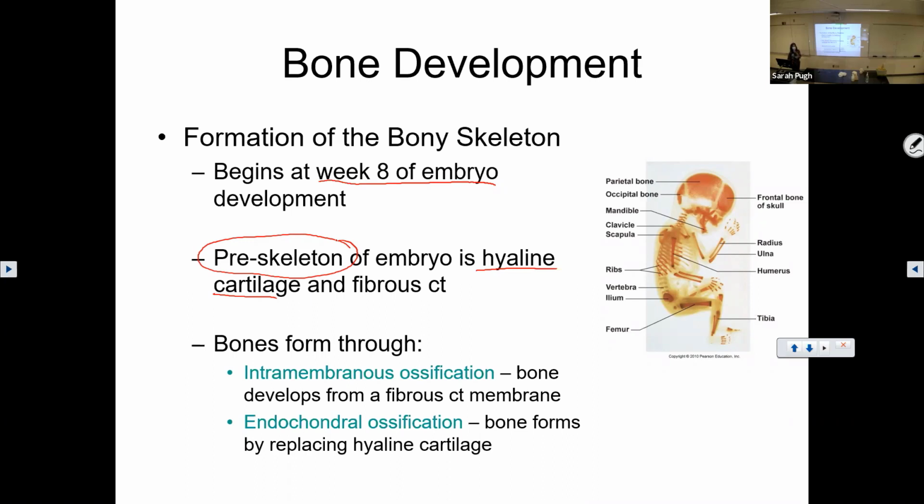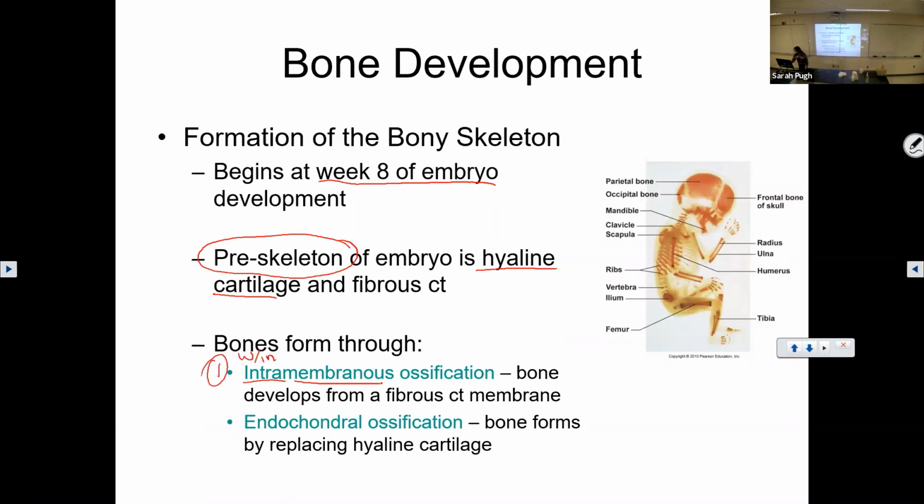So the bones are going to form in an embryo one of 2 ways. One way is through something called intramembranous ossification. Intra means within, membranous means a membrane. So the bones are going to form inside a connective tissue membrane.